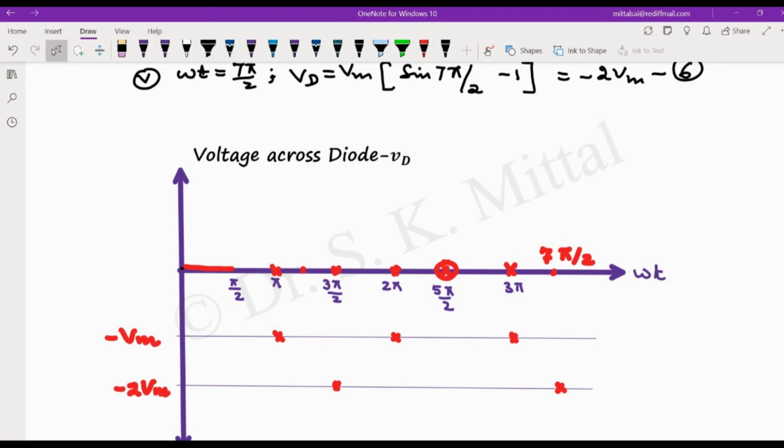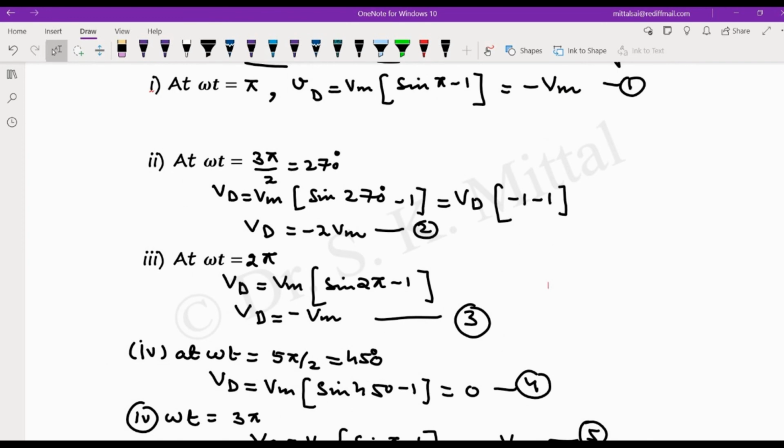So now since from omega t is equal to 0 to pi by 2, diode is conducting, we will have 0 voltage. Now from pi by 2, we will obtain this type of waveform which we have calculated in these equations.